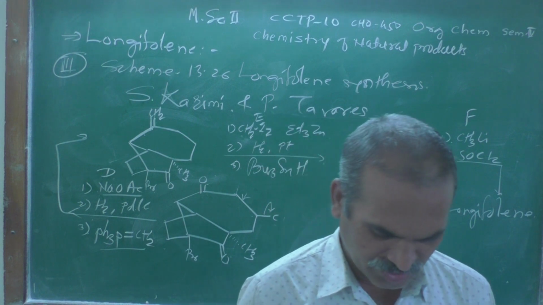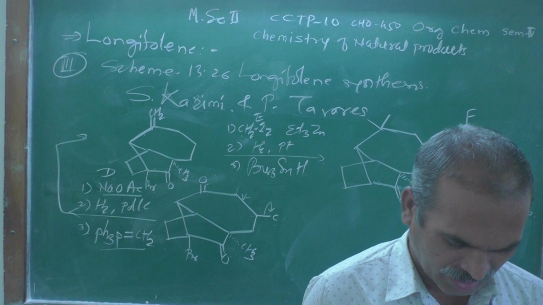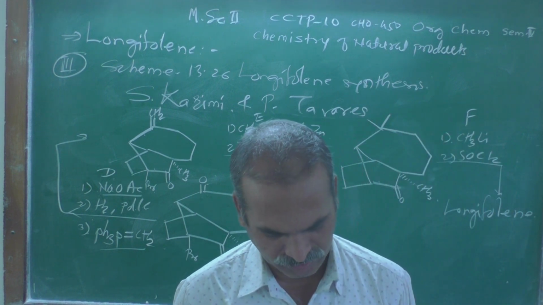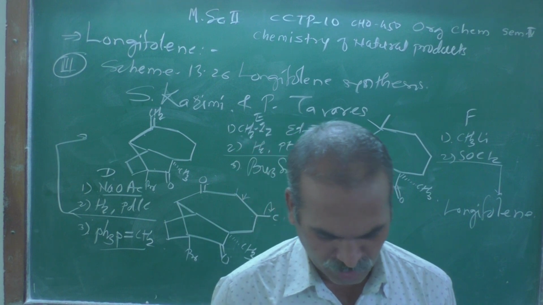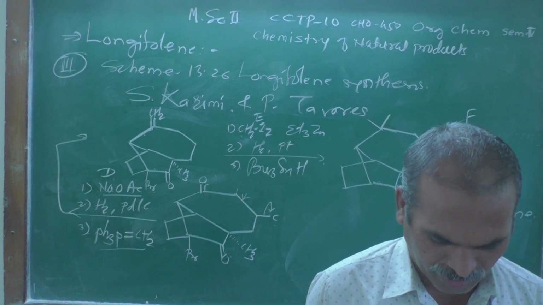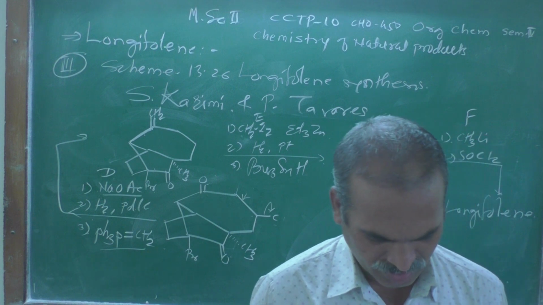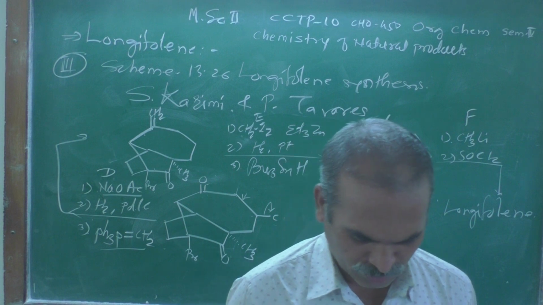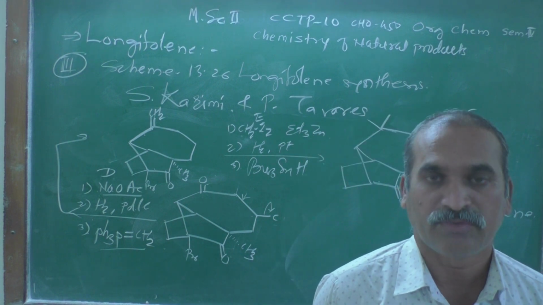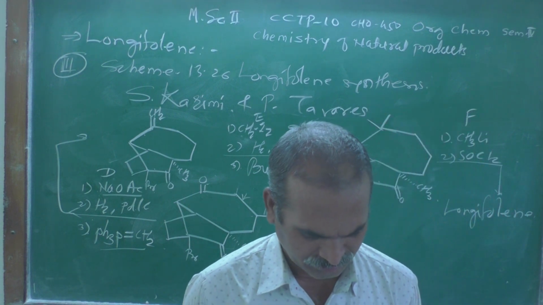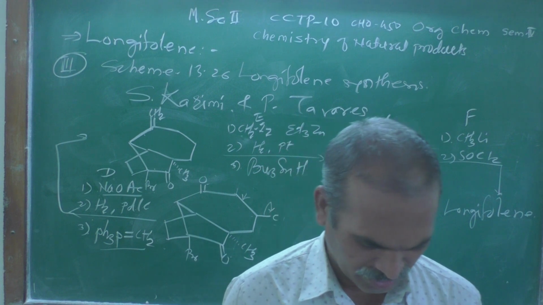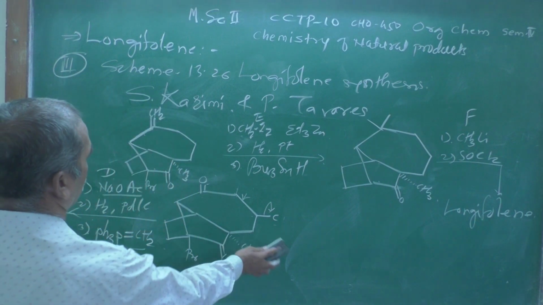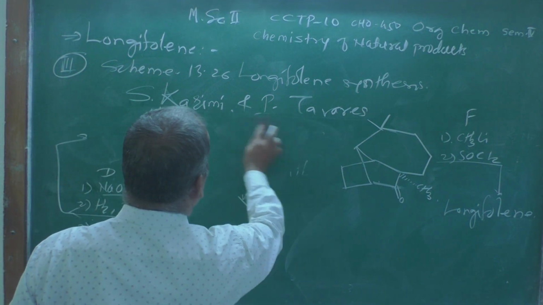The ring expansion was then done by conversion of the ketone to a silyl enol ether, cyclopropanation, and treatment of the siloxycyclopropane with ferric chloride, FeCl3. We got this type of compound.